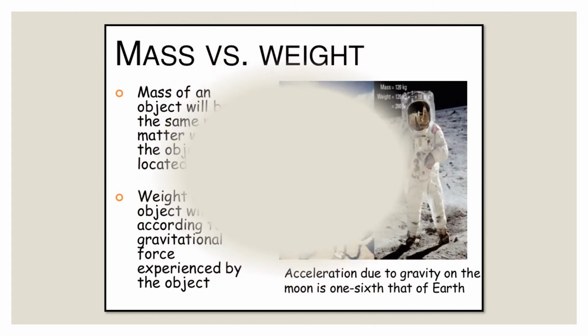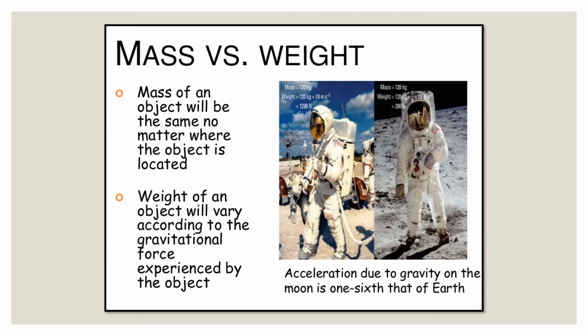Now the mass versus weight. The mass of an object will be the same no matter wherever the object is located, and the weight of an object will vary according to the gravitational force experienced by the object. In the previous slide we learned that the weight is the product of mass and acceleration due to gravity.